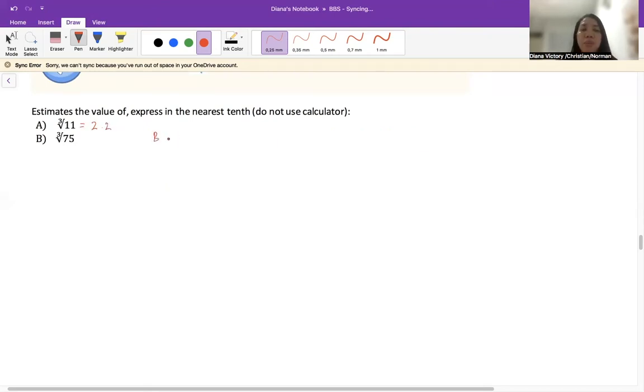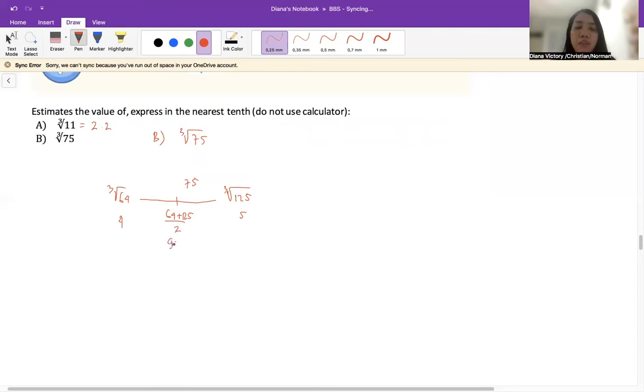Okay, for number B, we have the cube root of 75. We need to find the perfect cube number before 75, which is 64, and the perfect cube number after 75, 125. The cube root of this is 4, and the cube root of this is 5. Let's find the number right in the middle.